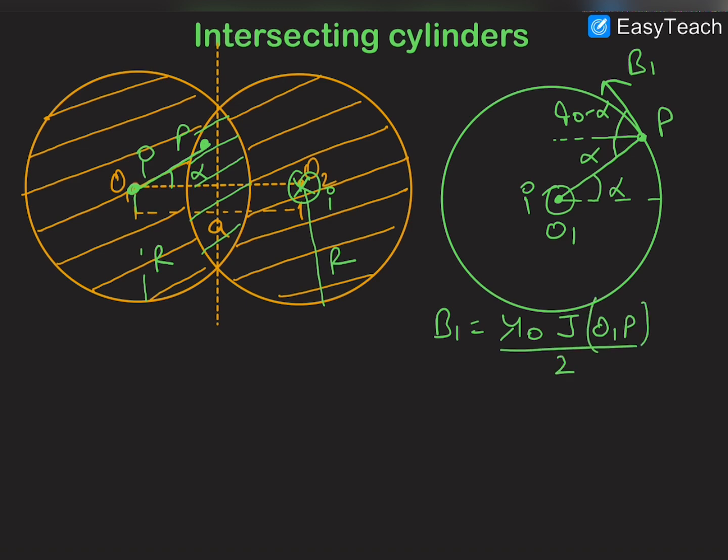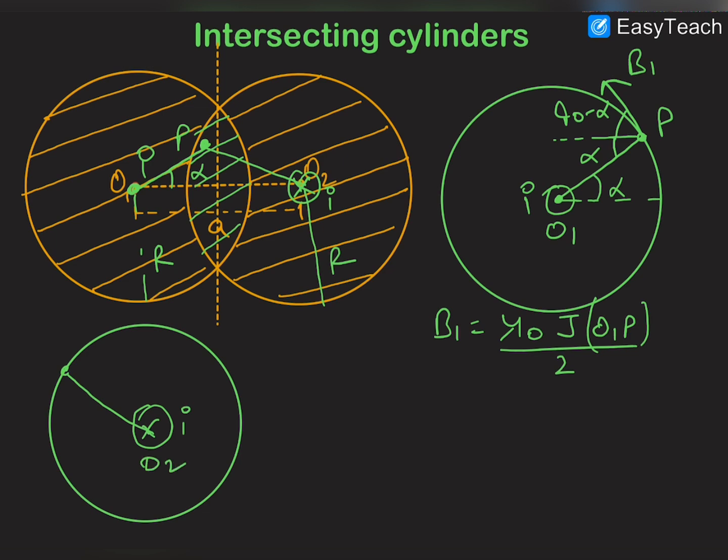In the same way, if I draw the magnetic field circle of the second cylinder, then the current is inside the plane. If we connect P with this point, this is O2 and this is P, so the magnetic field will be like that.